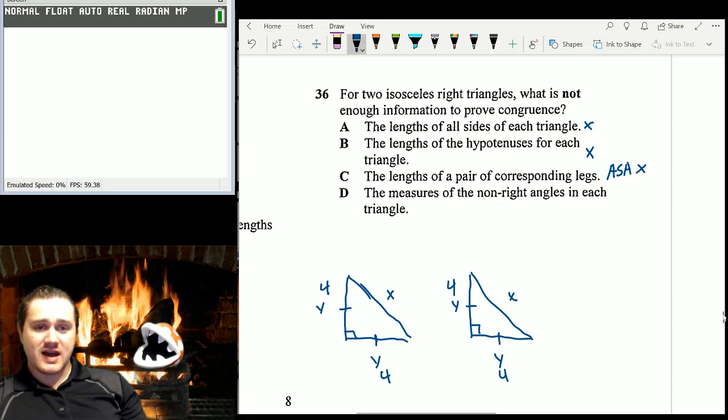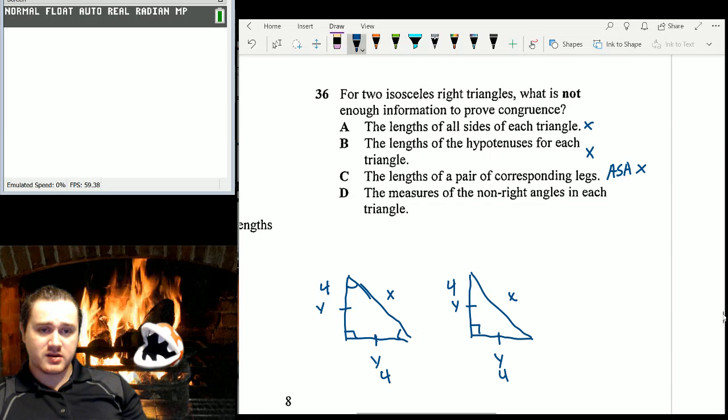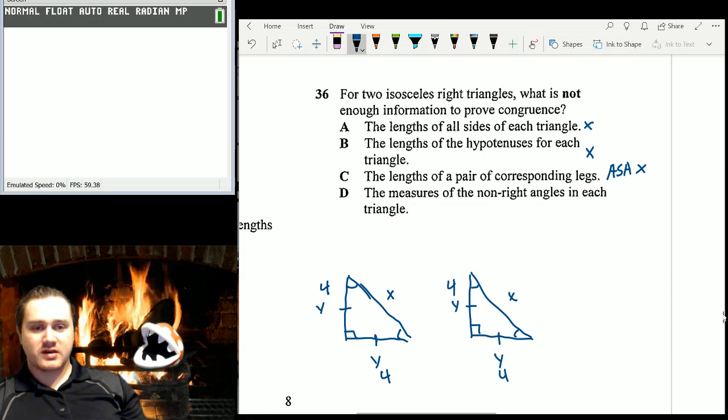Now the last one says the measure of the non-right angles. Now granted, we know that these two angles would be congruent, right? But there's really only one possible way of it being congruent with a 90-degree angle, and that'd be that those are 45. But if we only knew that those angles were 45, does that tell how big that shape is?